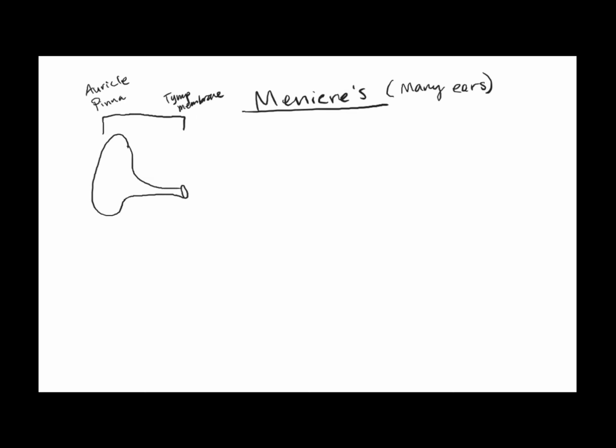I want to write it out in black. They're called ossicles, and they're really small bones. They're the smallest bones in our body, and they're attached to the tympanic membrane, and they kind of look like this.